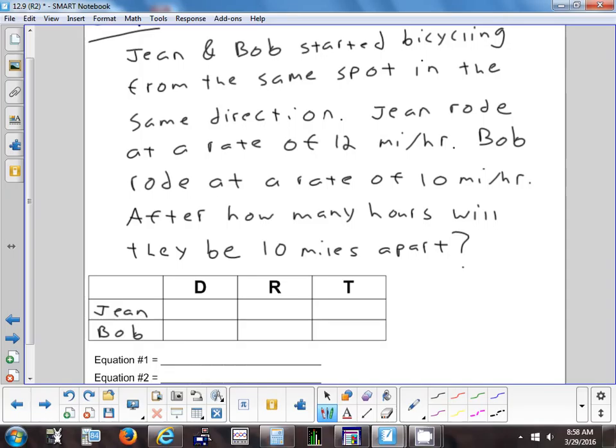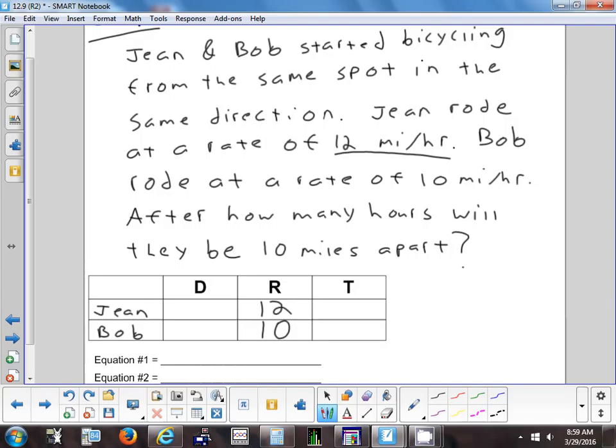How about Zach? Gene? No. It doesn't say how fast she's going? Sure, read it again. Oh, 12. 12, yeah. Gene rode at 12 miles an hour. Okay. Do we know Bob's speed? 10. Okay. Bob rode at 10 miles an hour.